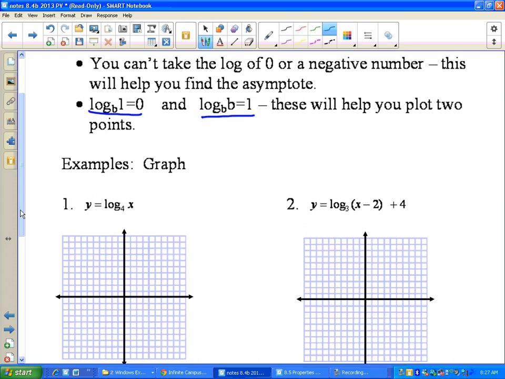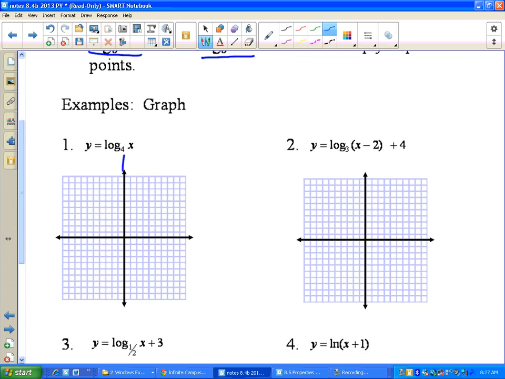So my asymptote that I'm going to draw is that vertical line. What is that vertical line? That is x equals 0. Okay? Awesome. I've got my asymptote. But since I have my asymptote, do I have my domain and my range? I do.